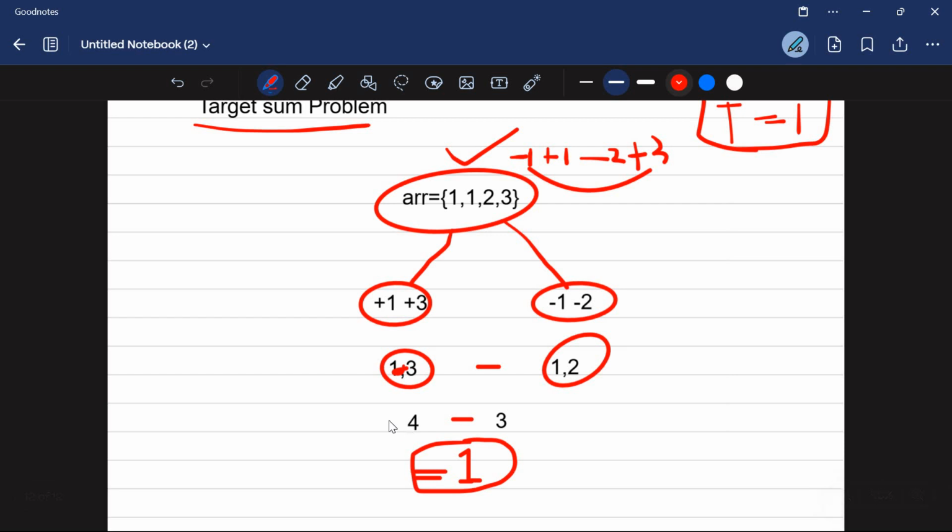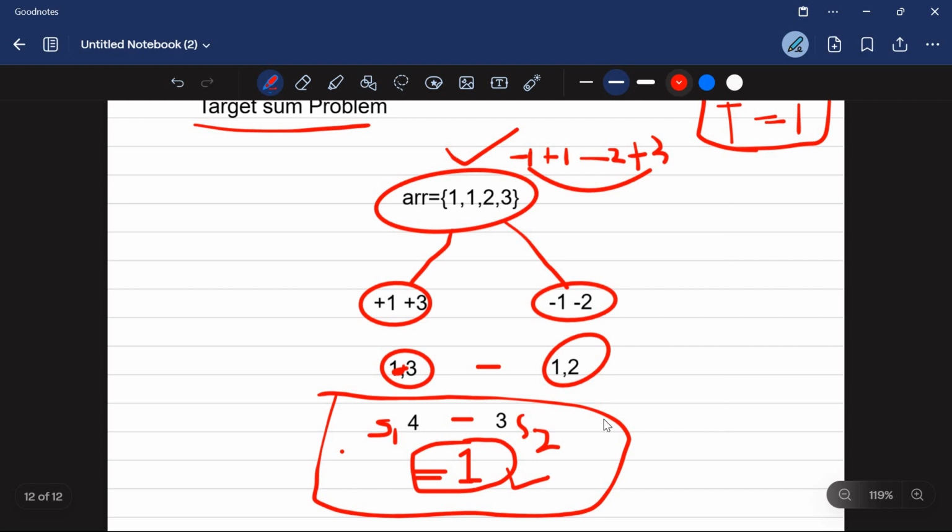Here, let's mention this is S1, this is S2. S1 minus S2 should be equal to 1. कितने नंबर ऑफ केसेस होंगे? तो S1 माइनस S2 इक्वल टू 1 होना चाहिए. कितने उसको काउंट करना है?